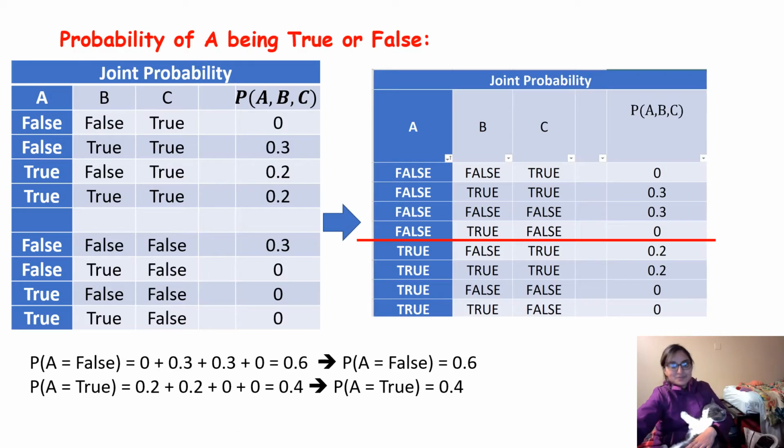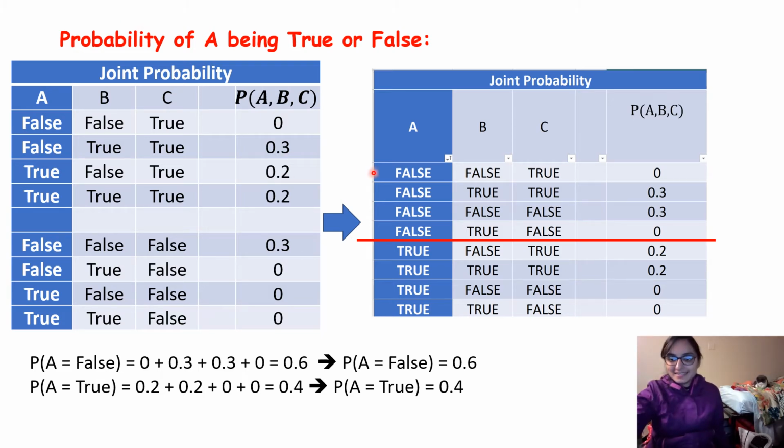With this analysis, we also need to find the probability of A being true or false. So if we want to find the probability of A being true or false, we have to sort this table here. So I just sorted it, with the false values of A on top and the true values of A below. After I sorted it, I just added up how the probability that A is false is given by these rows here.